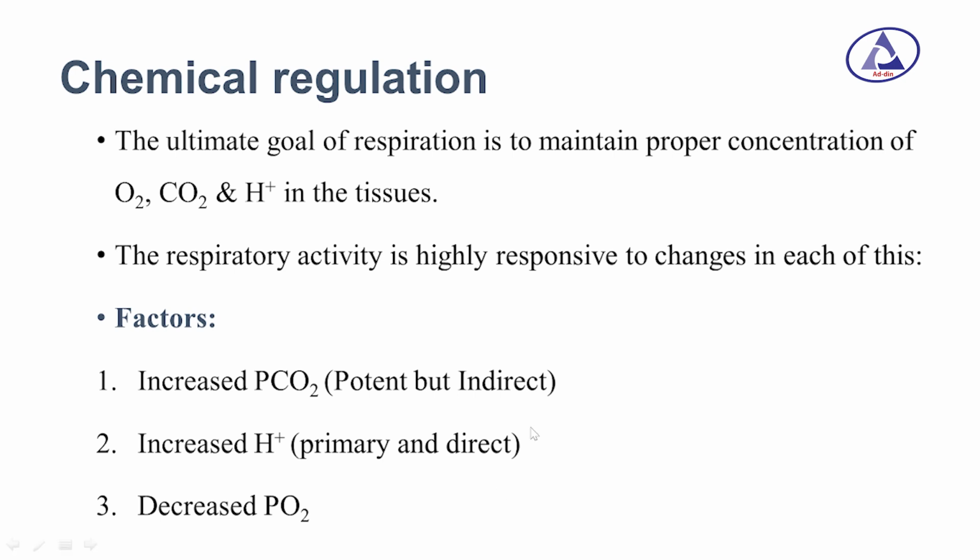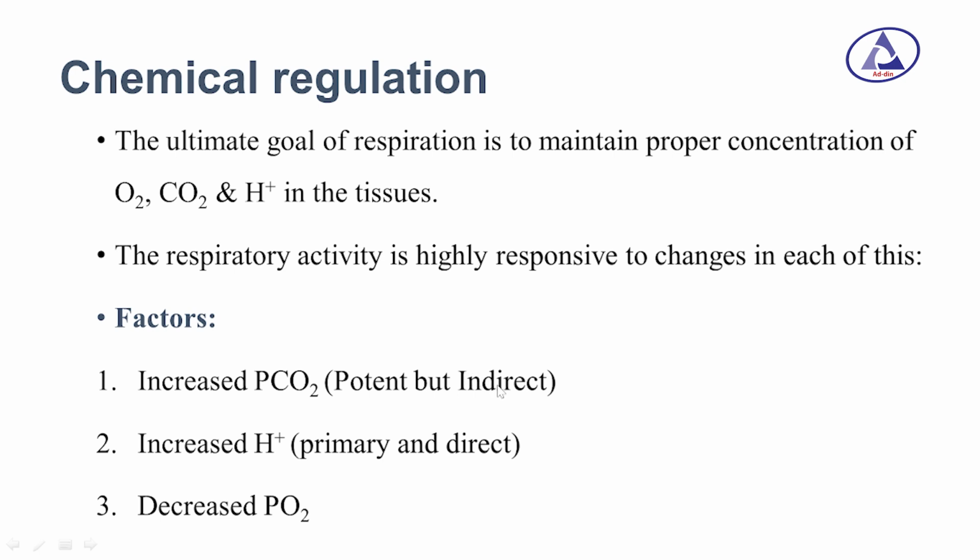আমি একবার answer দিয়ে দিচ্ছি: increased hydrogen ion concentration is the primary and direct stimulator of the chemoreceptor. Partial pressure of carbon dioxide, whenever it is increased in hypercapnia, is potent but indirect.